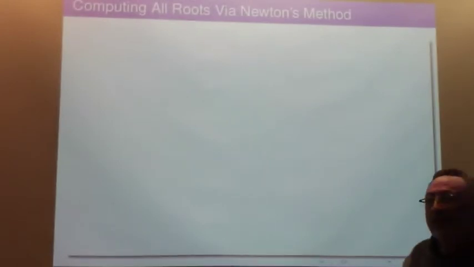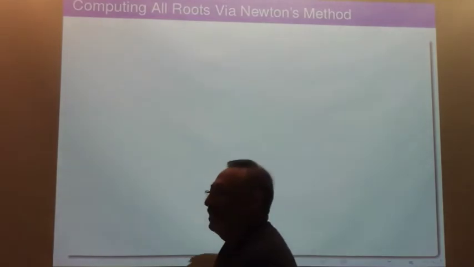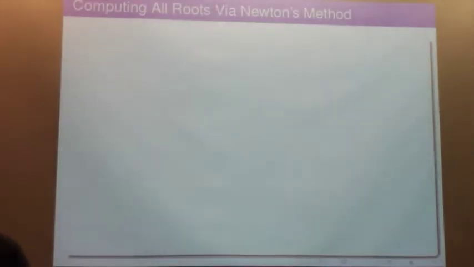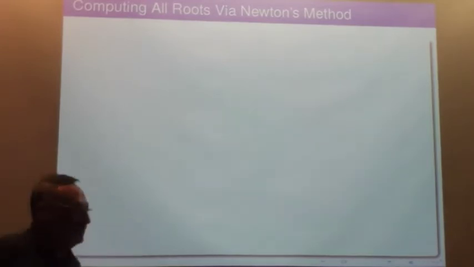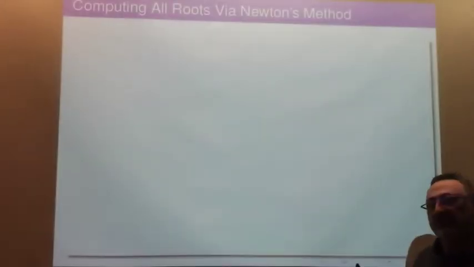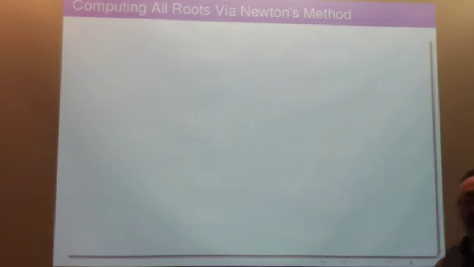Okay. Computing all roots via Newton's method. I was teaching numerical analysis last semester, and I did some of this there, because usually numerical analysis books don't even get into the complex domain. And maybe the impression that people have of root finding is that it's an old-fashioned problem, but in fact it's not.